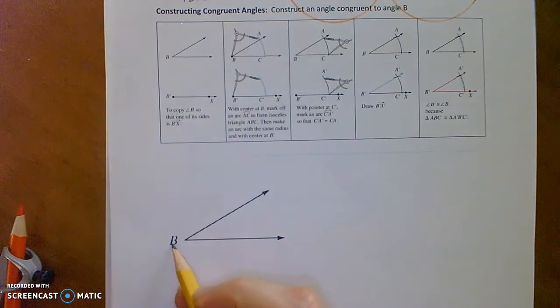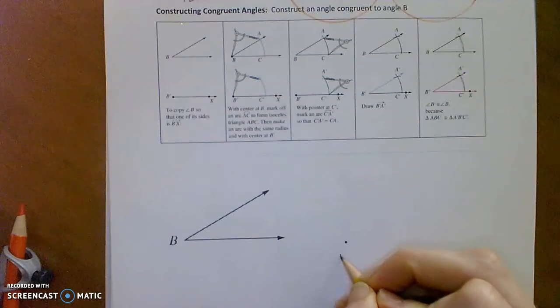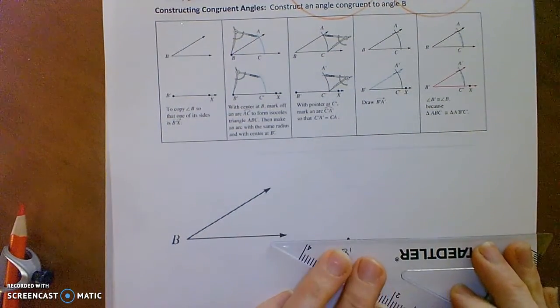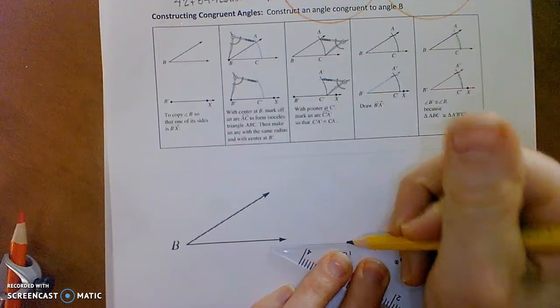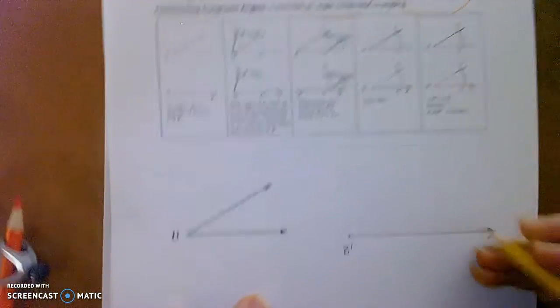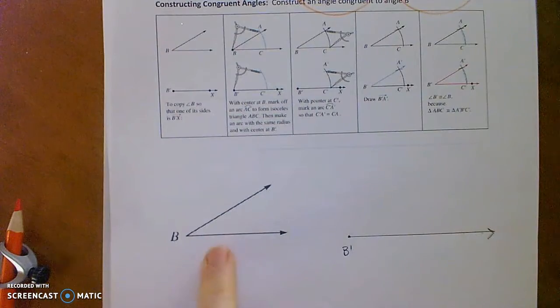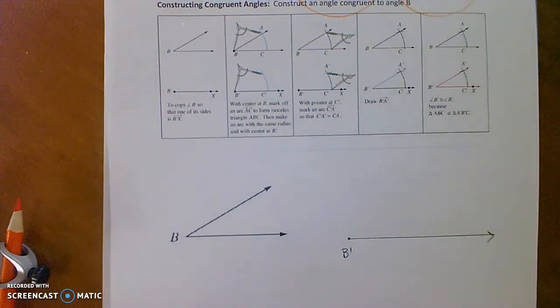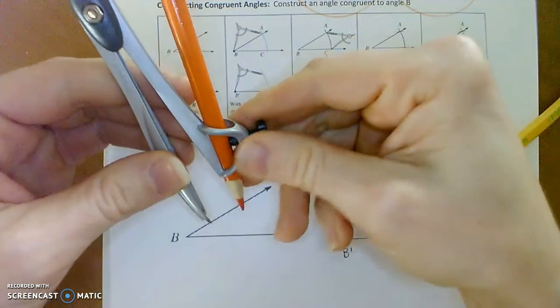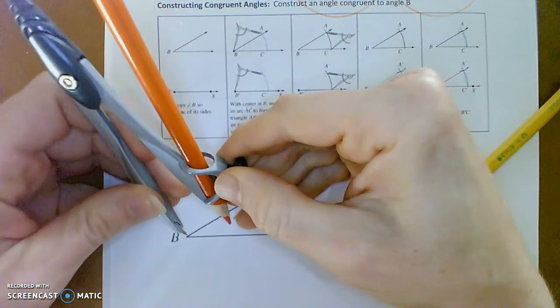Here's how we do that. First, here's B. Let me copy B prime over, and actually I'll copy over an entire ray. It doesn't matter how long I draw it. So here's one ray, here's a second ray. Now I'm going to take my compass and set it at any length I want. It doesn't matter.